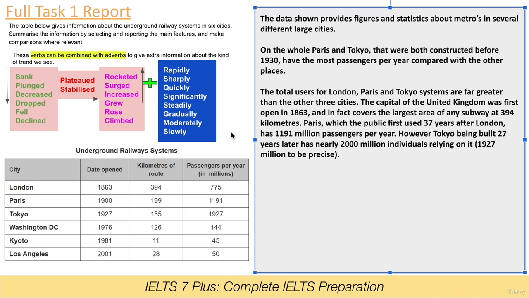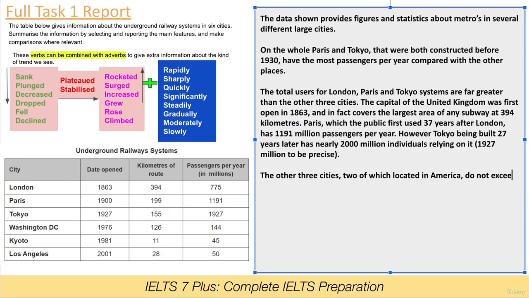Let's go into our next group. The other three cities, we could say two of which are located in America. We could say, oh, what's the total? Not more than 250 million combined.